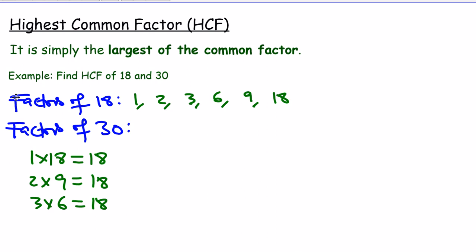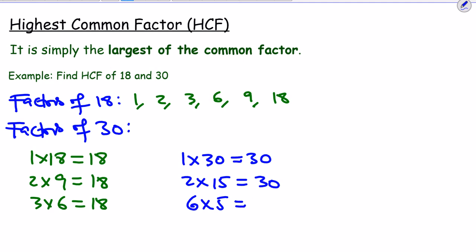The same way we can find factors of 30 by thinking of pairs of numbers that multiply to give 30. For example, 1 multiplied by 30 is 30. 2 multiplied by 15 is 30. 6 multiplied by 5 is 30.